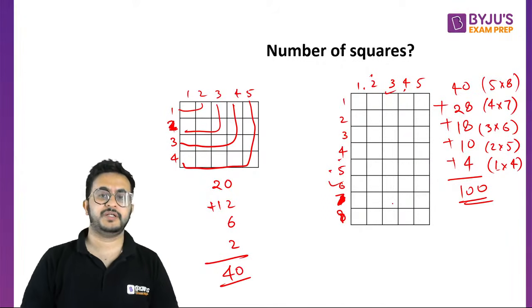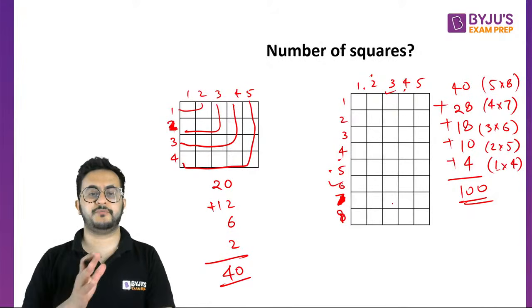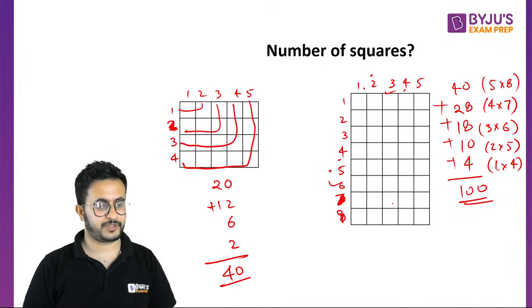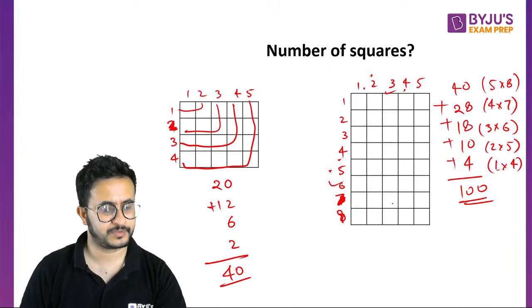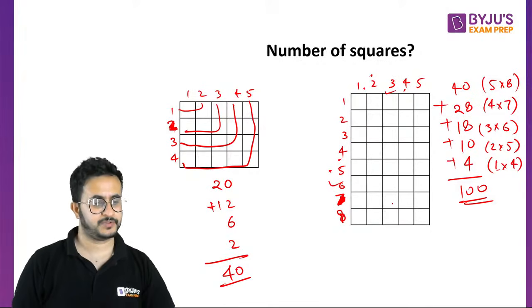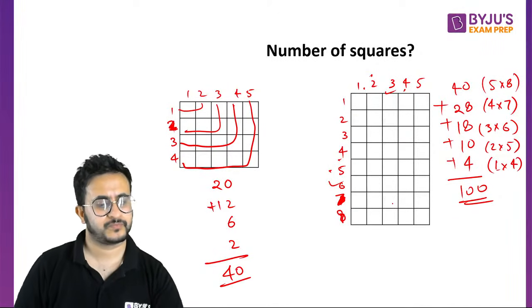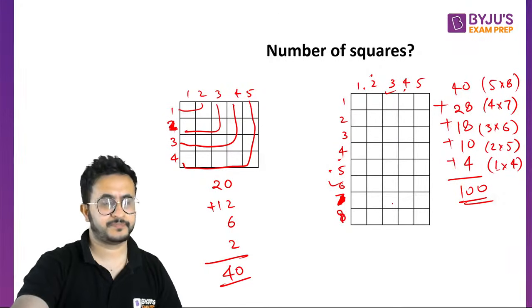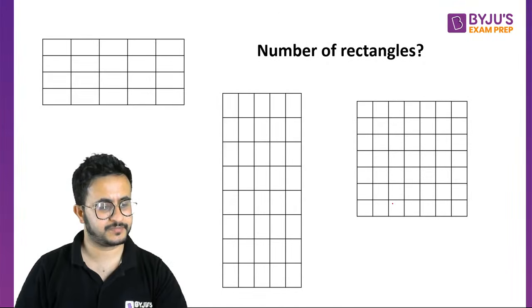Okay, so that's how we get the number of squares in such figures wherein the number of rows and columns are not equal. Okay, if rows and columns are equal, we use n into n plus 1, 2n plus 1 by 6. Okay, all right. So let us look at the case of the number of rectangles. Right?